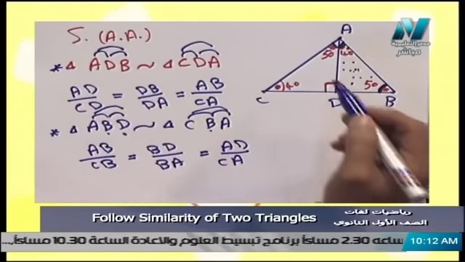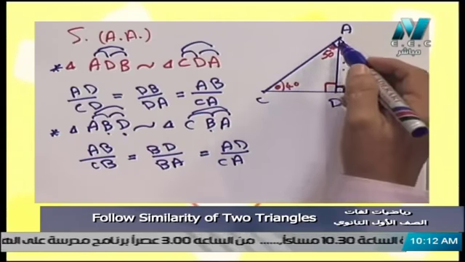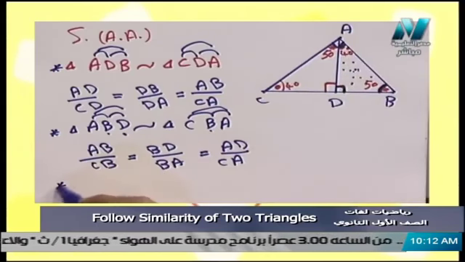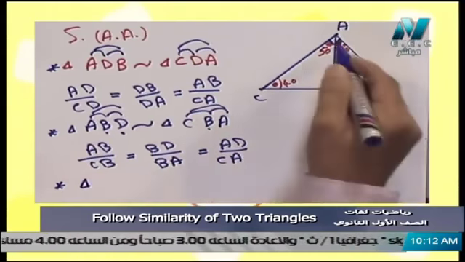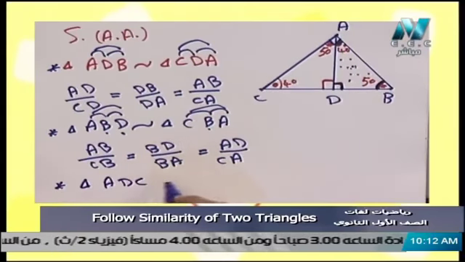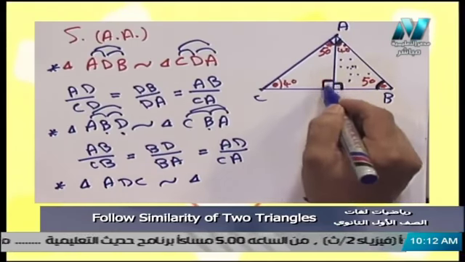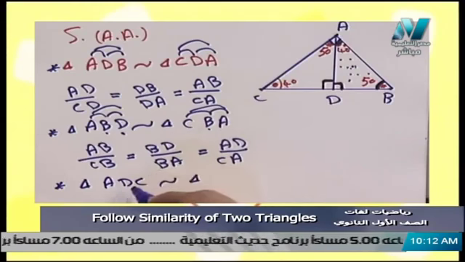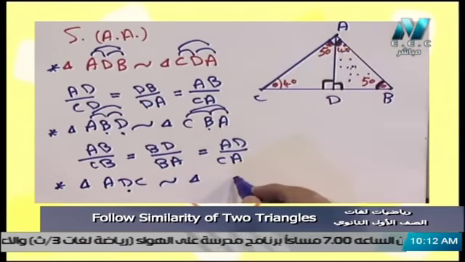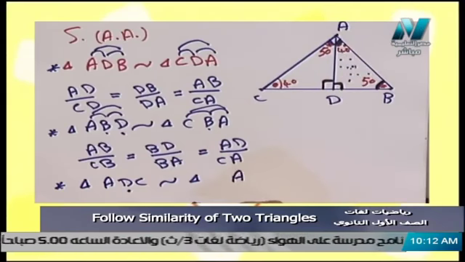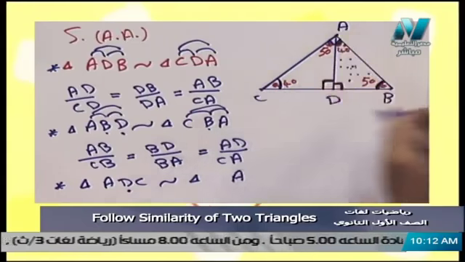Let's talk about triangle ADC and triangle ABC. Triangle ADC is similar to triangle CAB. We know that measure angle ADC, which is D, corresponds to measure angle A, which is 90. And we know C is a common angle between the small triangle and the big triangle.